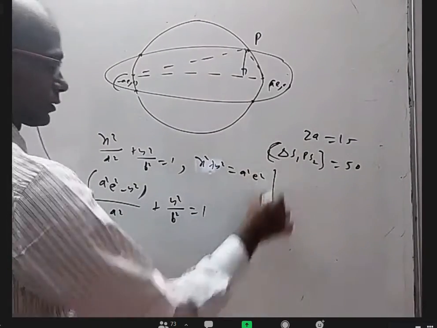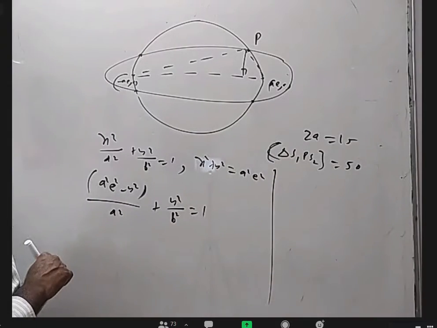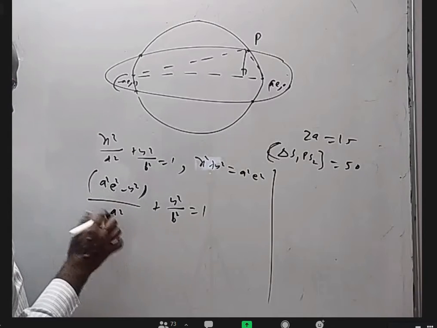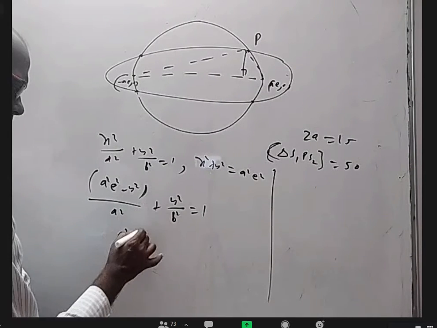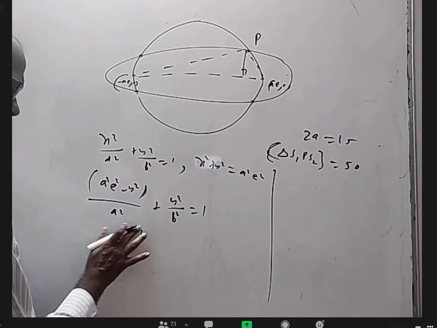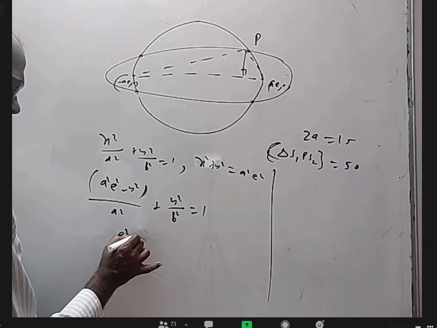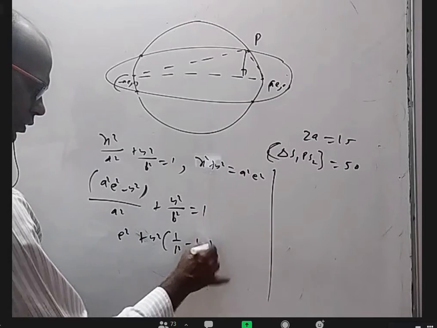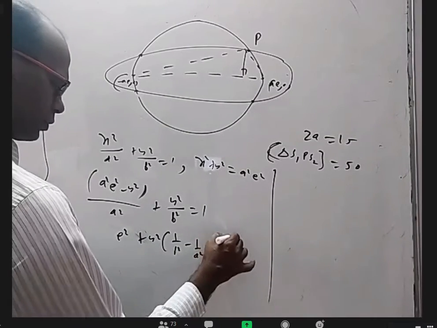I'm just thinking of another method also that I wanted to do. We'll do that. Okay. Coming to this, this by this is e square. If I combine these two, y square common: 1 by b square minus 1 by a square is equal to 1 minus e square.